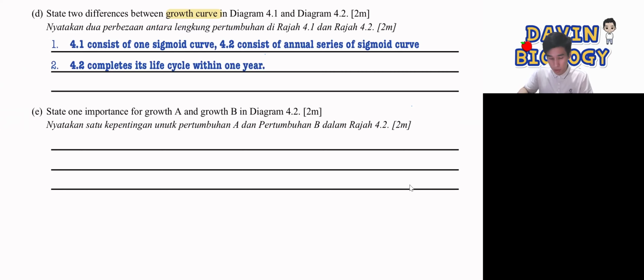I'm so sorry, 4.2 grows for many years. Okay, don't say complete its life cycle. You say it will grow for more than 2 years. It takes more than 2 years to grow. So 4.2 grows for more than 2 years.